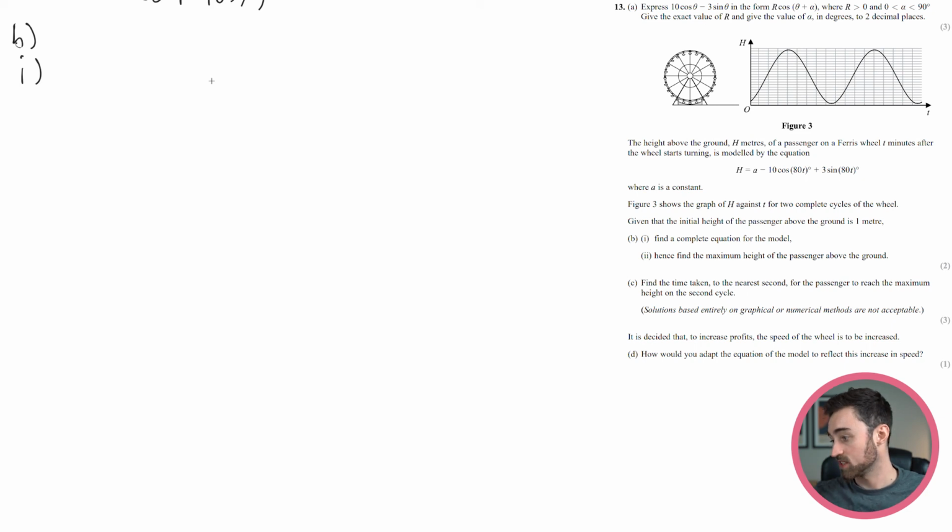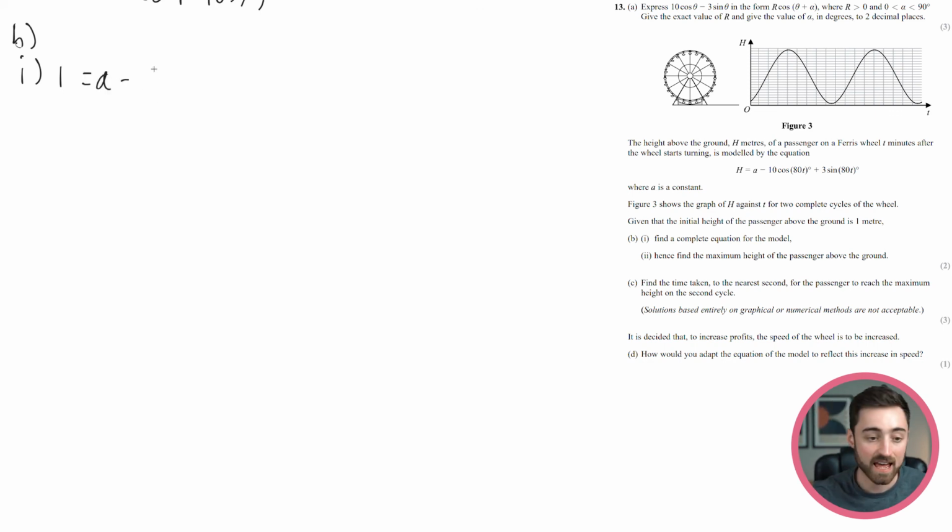Given that the initial height of the passenger above the ground is 1 meter, find a complete equation. Well, what does complete equation mean? The only reason this equation isn't complete is because we've not got the value of A. So we're just going to use this piece of information to get the value of A. Everyone's happy. So, initial height. So initial, t is going to be 0, and then we're told it's 1. So if I sub h equals 1 and t equals 0 into this, I think I'll be laughing.